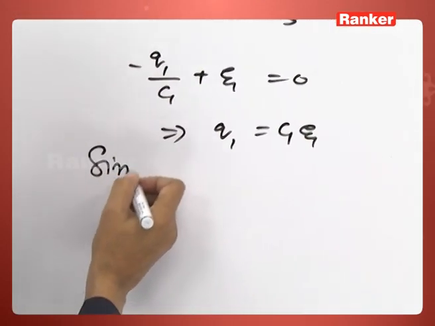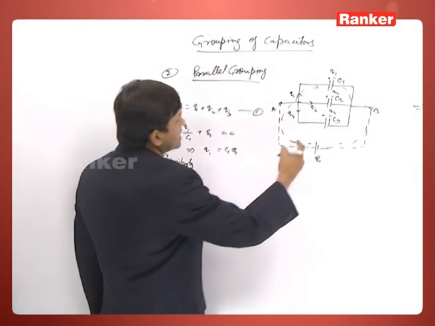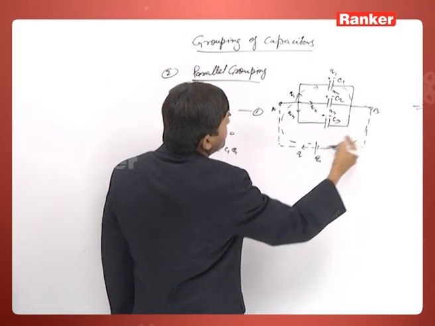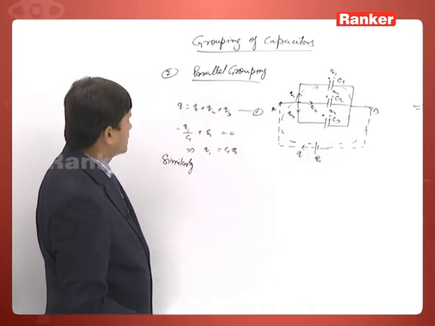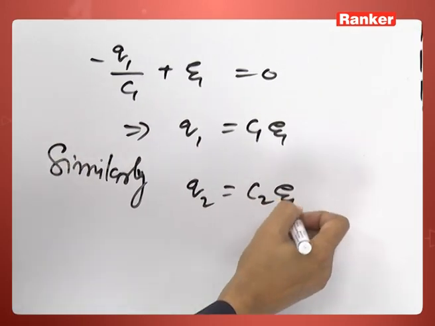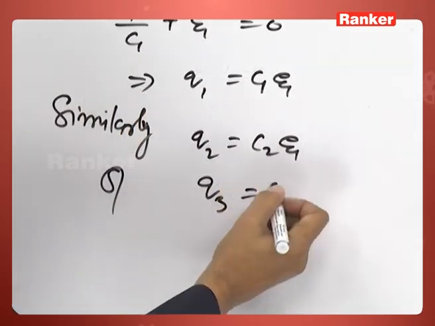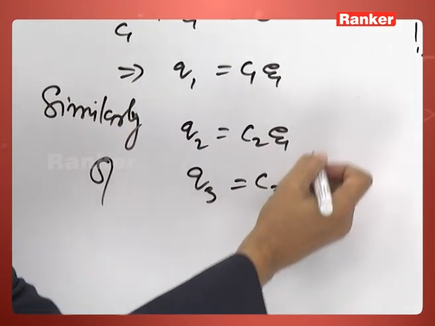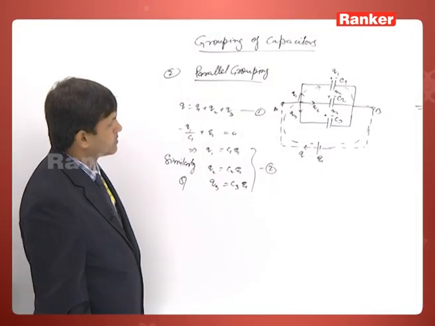Similarly, applying Kirchhoff's second law in the middle branch and in the lower branch, we get Q2 is equal to C2 into E and Q3 is equal to C3 into E. Let this be equation number 2.